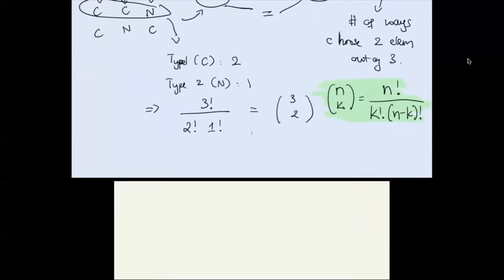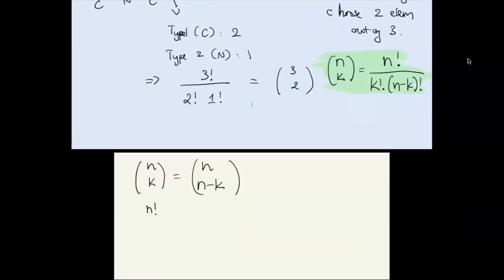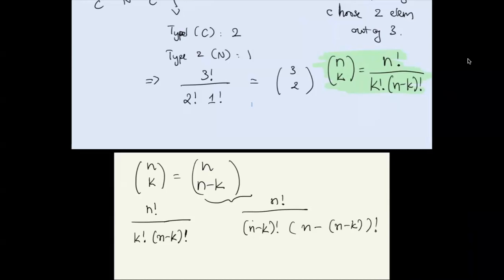Another property that you might see is N choose K equal to N choose N minus K. Algebraically, this should make sense because N choose K is N factorial divided by K factorial times N minus K factorial. And the right-hand side is N factorial divided by N minus K factorial times K factorial.